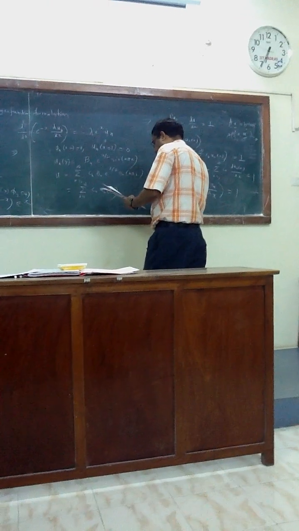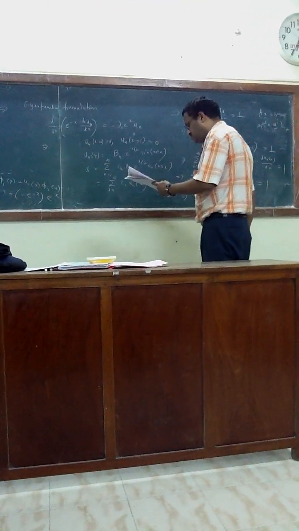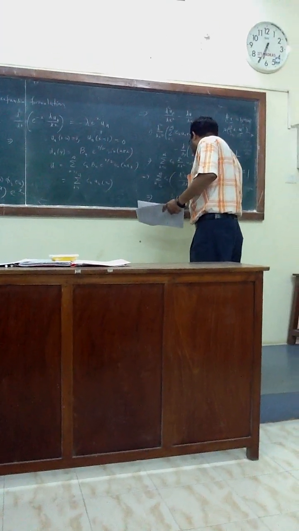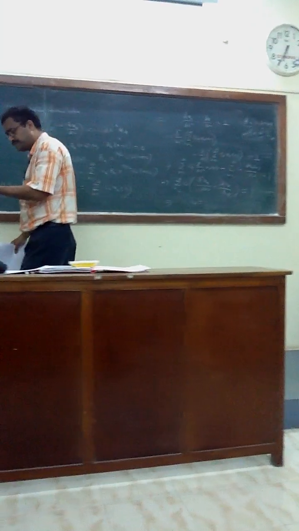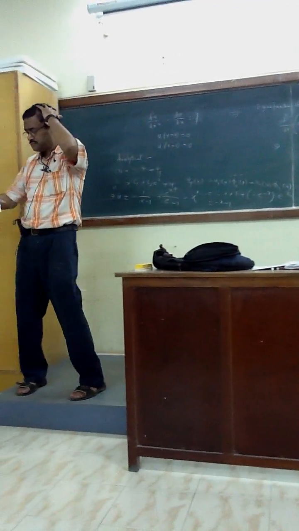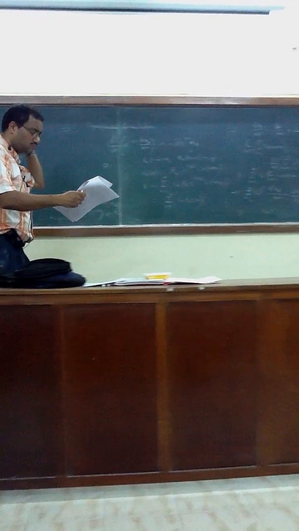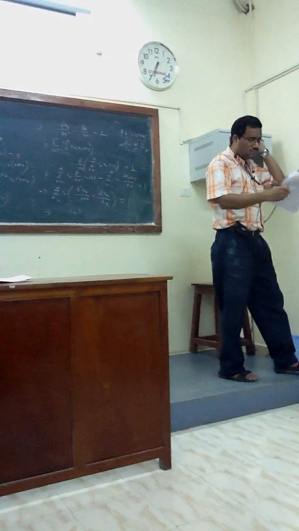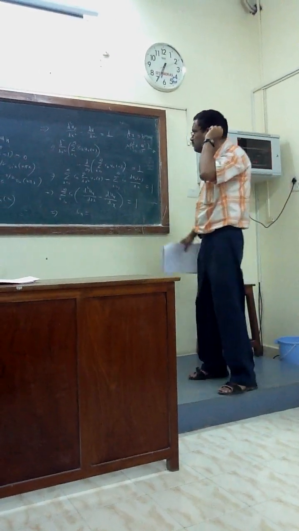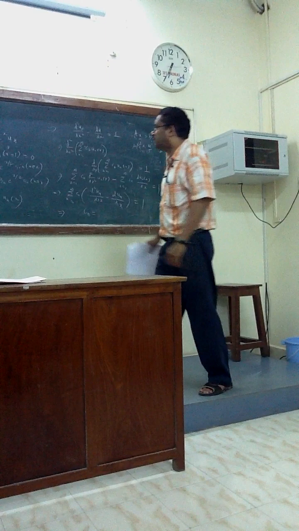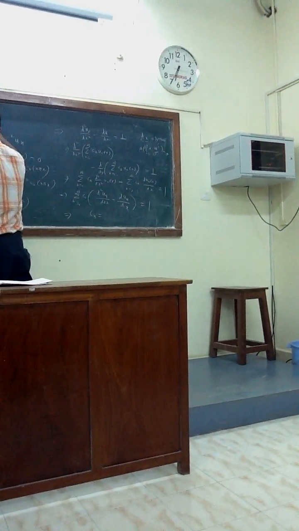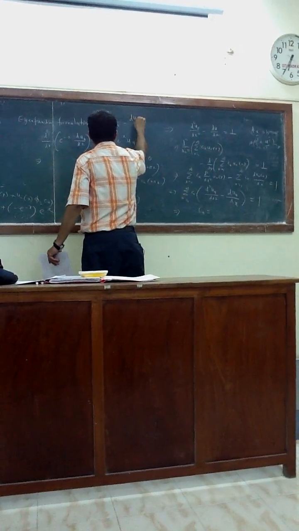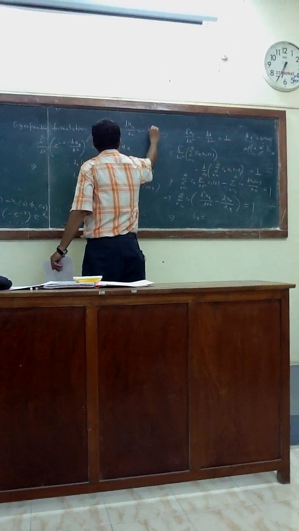Next step, how to find C_n? You tell me the final answer. I will not tell. Final answer? In fact, if you are so smart, from here you can easily see d2u_n by dx square minus du_n by dx equals minus lambda u_n.